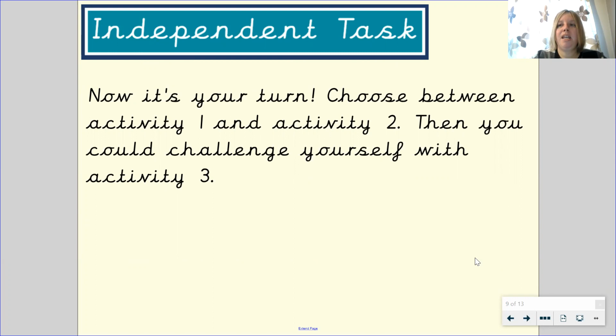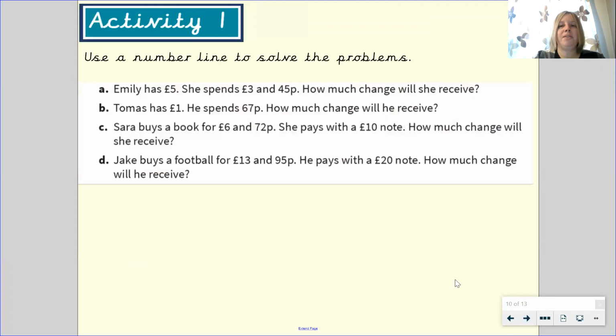Choose the activity that is just right for you to do. Then challenge yourself with the challenge question. You need to use a number line to solve these problems, just like we were doing yesterday. You need to remember to use a ruler to draw your number line.